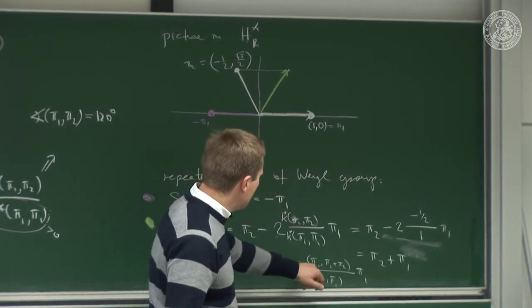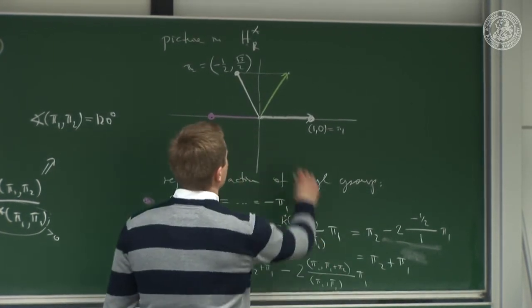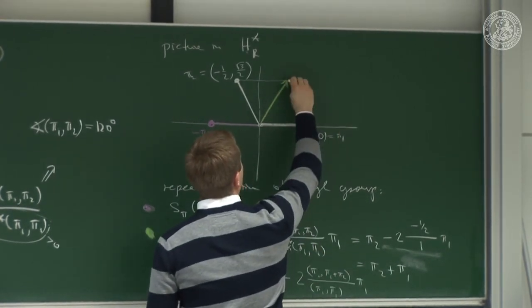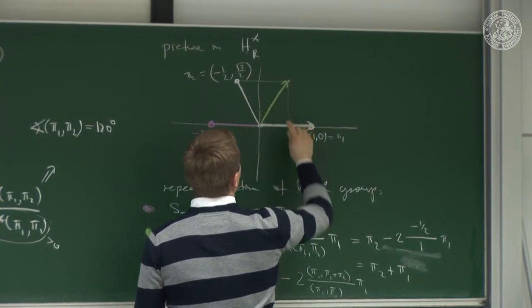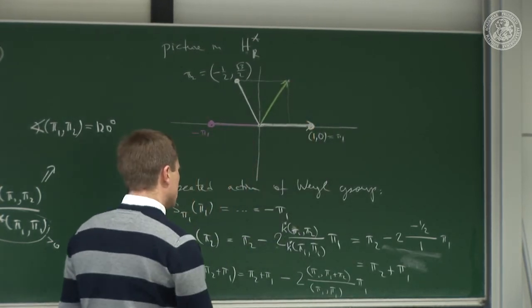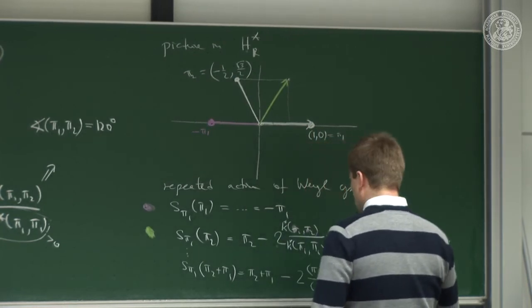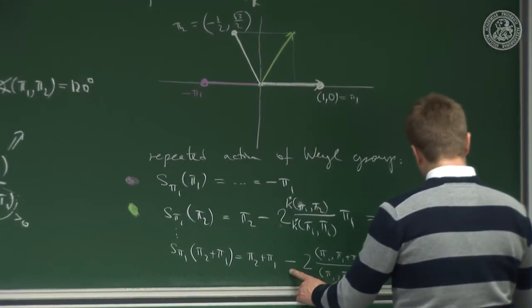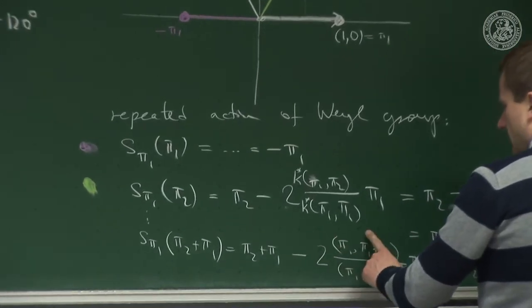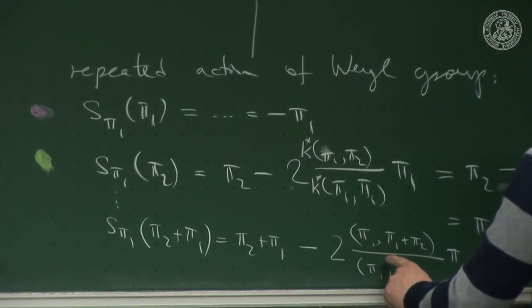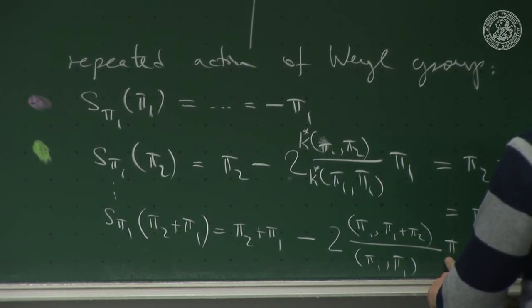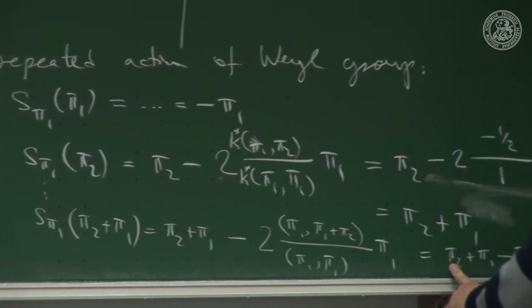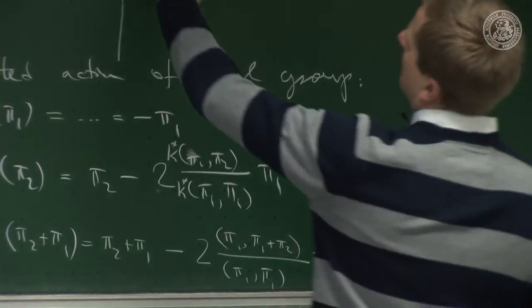Pi1 with pi1 plus pi2 is the projection of this one and that one, and that yields you plus 1/2. So what you get here is pi2 plus pi1 minus 1 over 1 pi1, minus pi1. Oh no, by this you go back to the pi2. Okay, so that didn't yield anything.